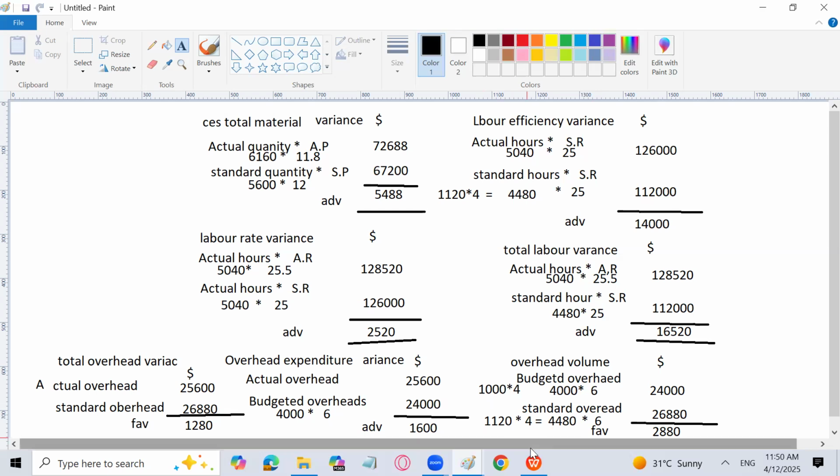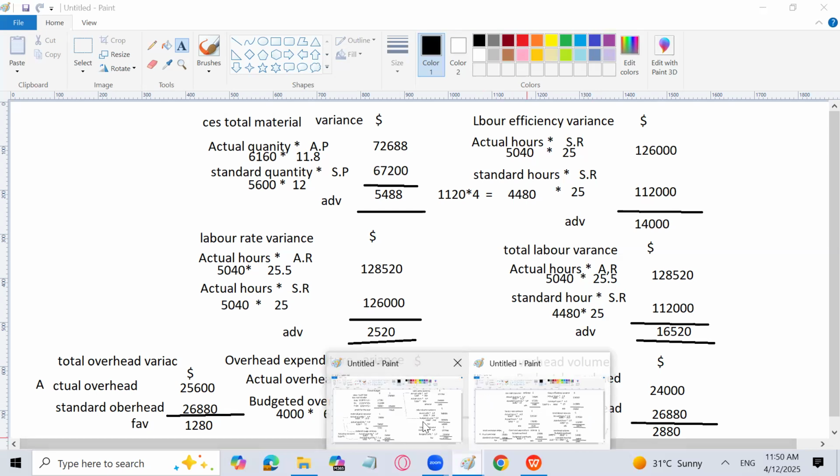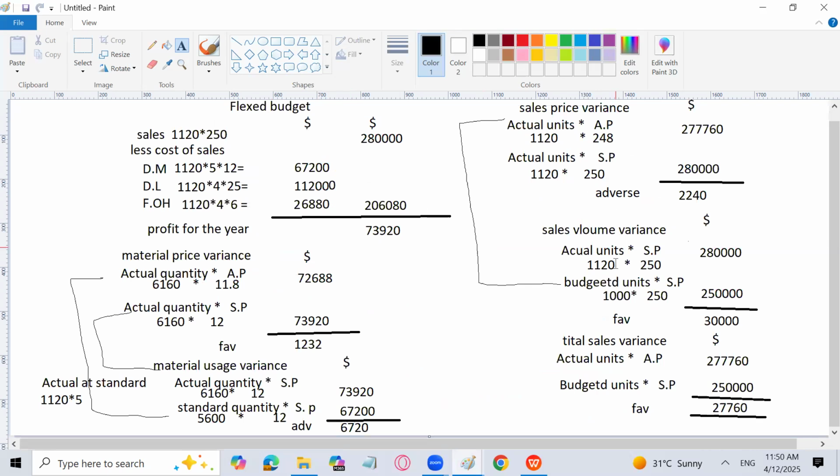Now he is asking us to distribute the material variances in 2 parts, which we have already done: material price variance and material usage variance. This is material usage variance and material price variance. But what is the reason? The reason is that basically we are purchasing low quality material. That low quality material is cheap, and that's why our material price variance is favorable.